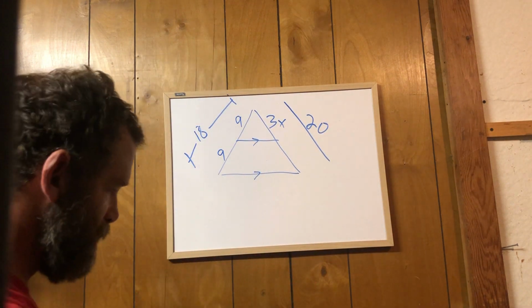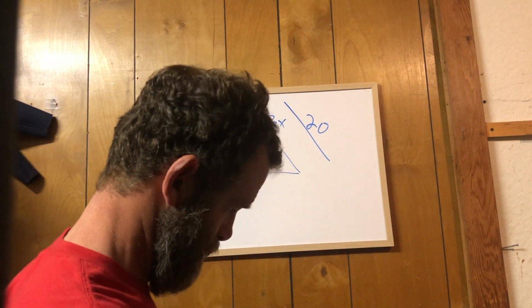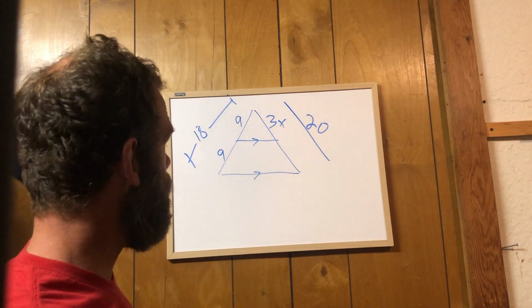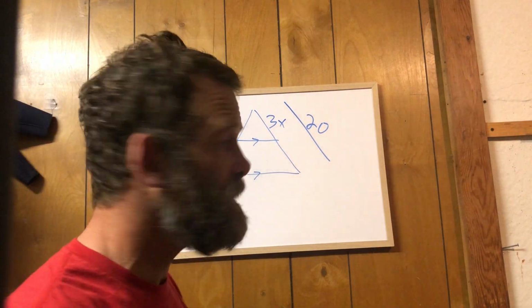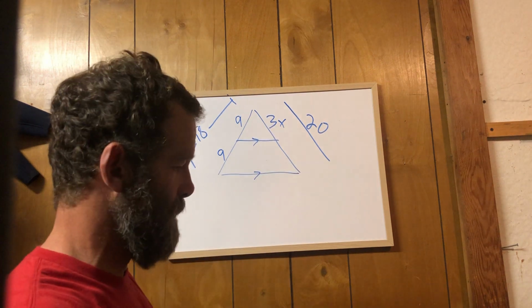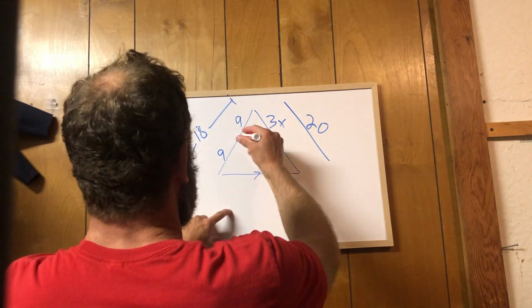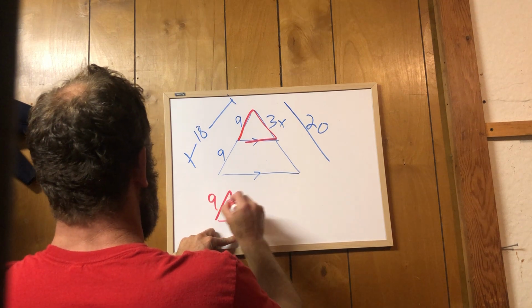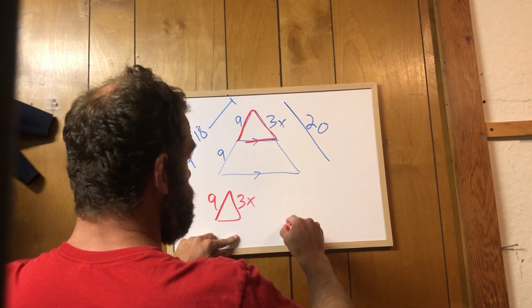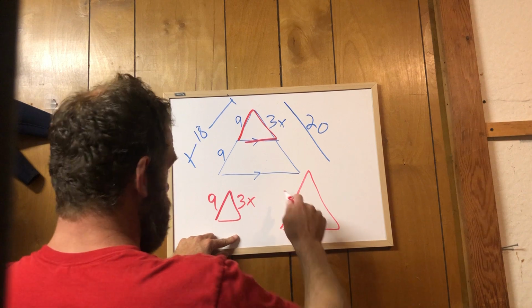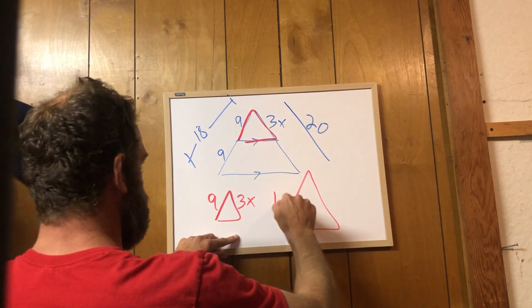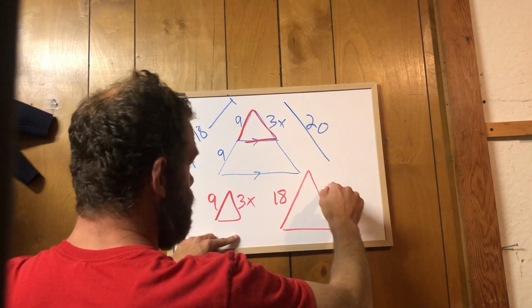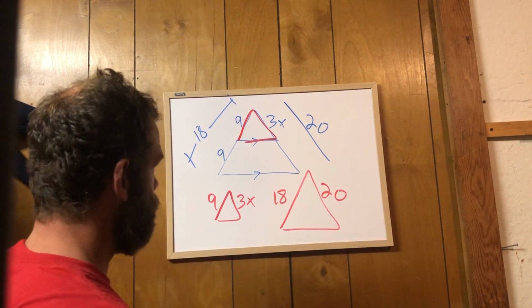Okay, so now I'm supposed to solve for x. What I'm going to do is this. I'm going to break this triangle up. I'm going to draw it little. I'm going to draw this one right here separately. This is 9 and this is 3x. And then I'm going to draw the big one. The side on this one is 18. The side on this is 20.